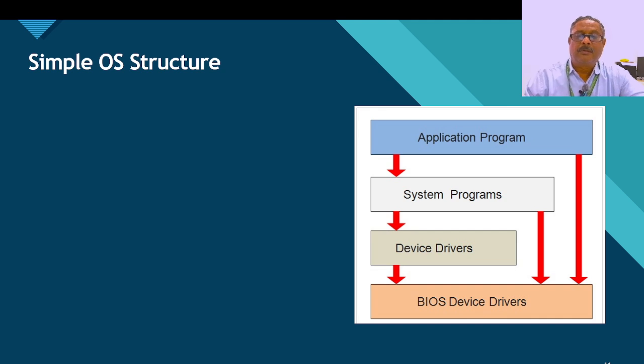It's a read-only memory, a part of the motherboard, and whenever we switch on the system, it begins to execute the code from this, because by default it starts from some address location, and that address location belongs to the BIOS. And here we get the device drivers that are necessary.